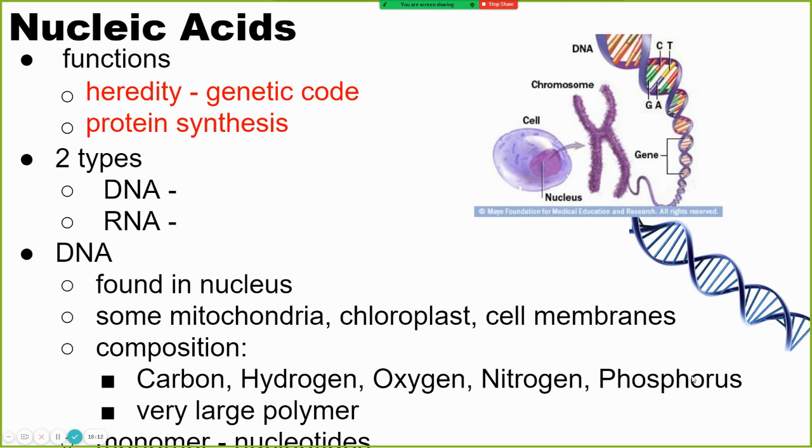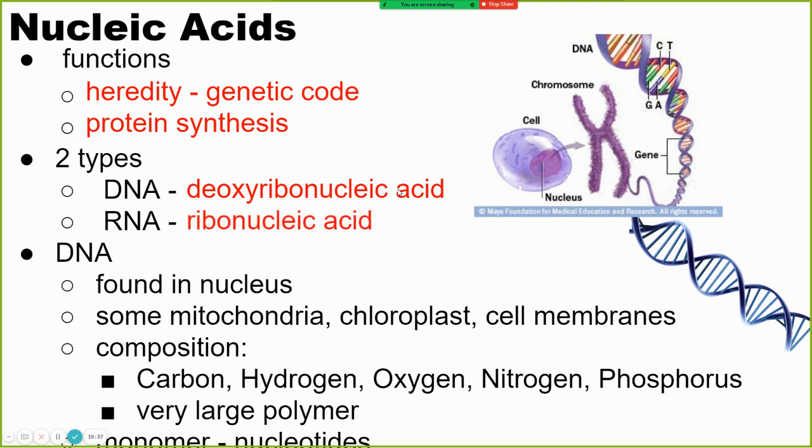And we have in our bodies and our cells two types of nucleic acids. DNA, which stands for deoxyribonucleic acid. We also have another type of nucleic acid called RNA. It's just called ribonucleic acid.